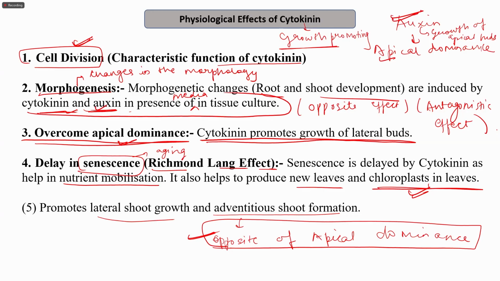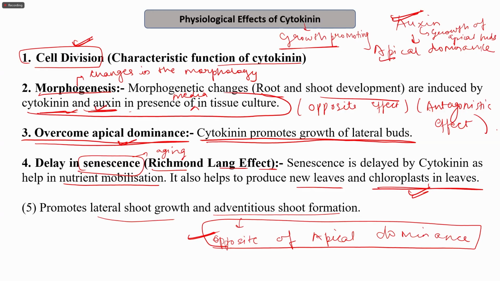Auxin was helping in cell elongation and therefore in cell division. So cell division is one of the major characteristic functions of cytokinin. But after that, we will see that cytokinin and auxin have antagonistic effect in the sense that auxin promotes apical dominance while cytokinin leads to the growth of the lateral buds.